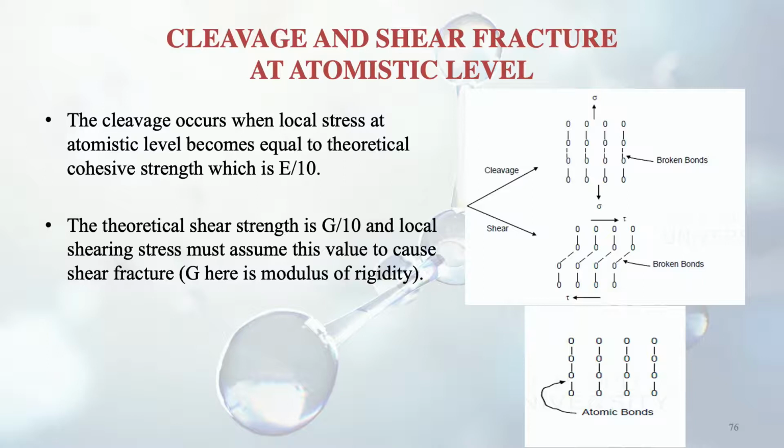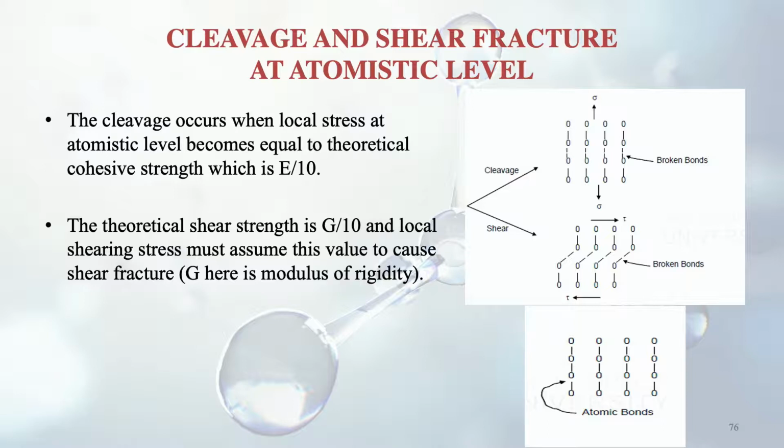And local shearing stress assumes this value to cause shear fracture. So here in the figure you can see both cleavage type of breakage of bond and shear type. The top one is about the cleavage type. The vertical loading you can see is there, meaning in the vertical plane the load is tensile type, so cleavage is taking place. And in the shear type you can see the load is horizontal and there is slipping.